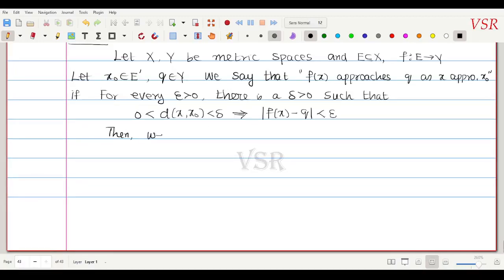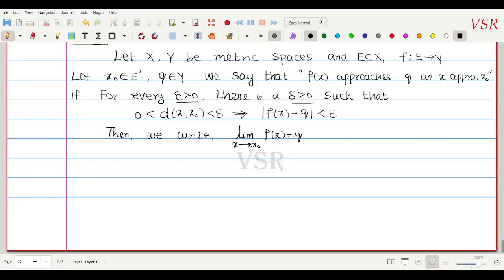then we write the limit as x tends to x naught of f of x is equal to q. So the definition is: for every epsilon positive there is a delta positive such that this condition must hold.